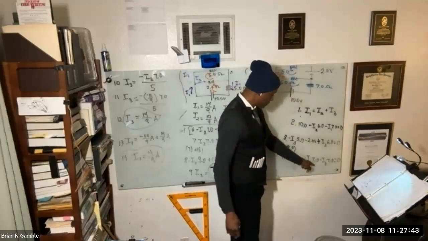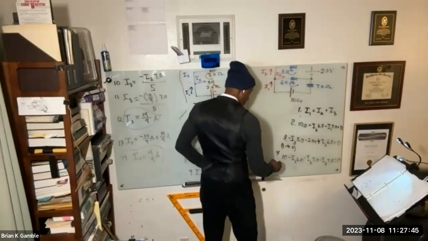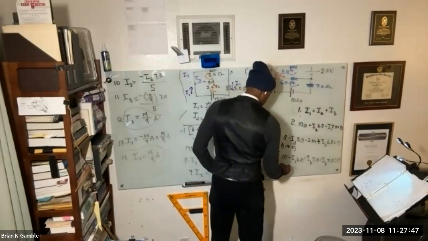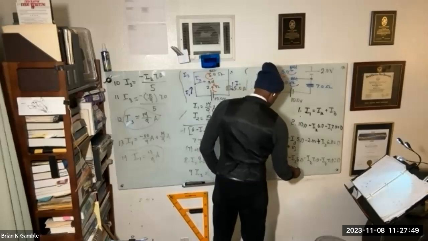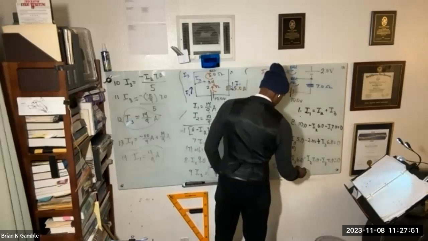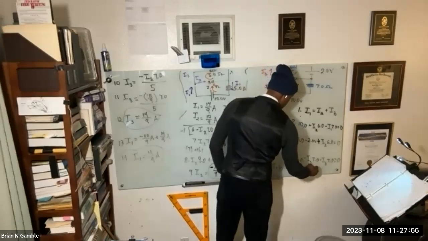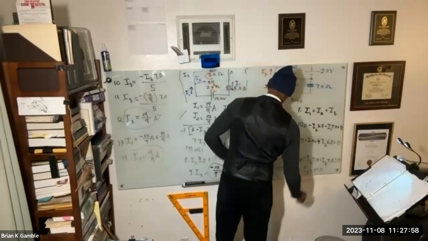So minus I2 times 7, minus I2 times 6 is 13. So 10 minus I2 times 13, and minus I3 times 7 equals 0.